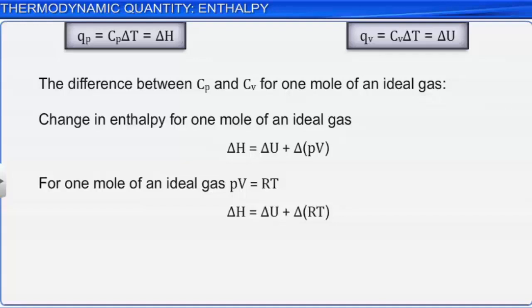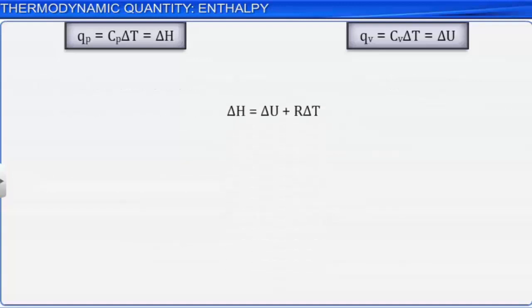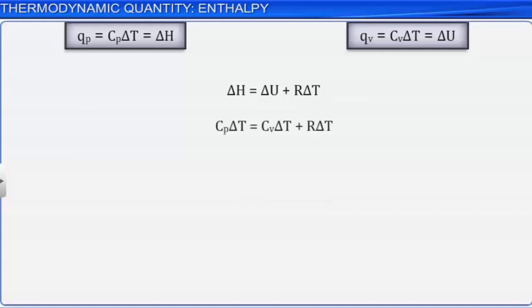As R is constant, delta H equals delta U plus R delta T. On substituting the values of delta H and delta U, we get Cp multiplied by delta T equals Cv multiplied by delta T plus R delta T. Since delta T is equal to 1, we can write Cp equals Cv plus R, or Cp minus Cv is equal to R.